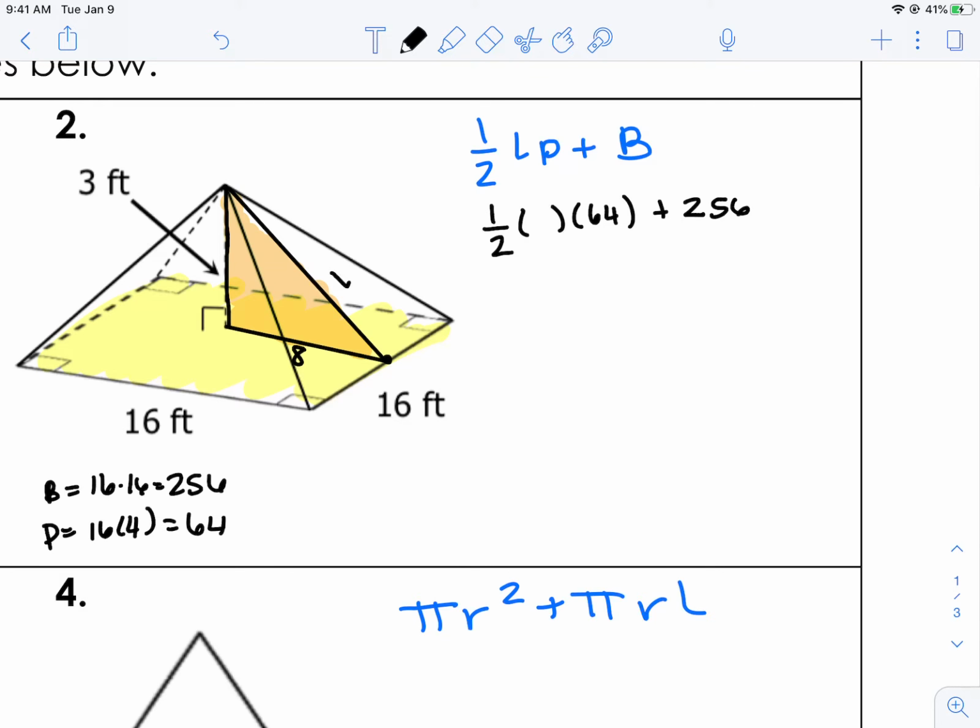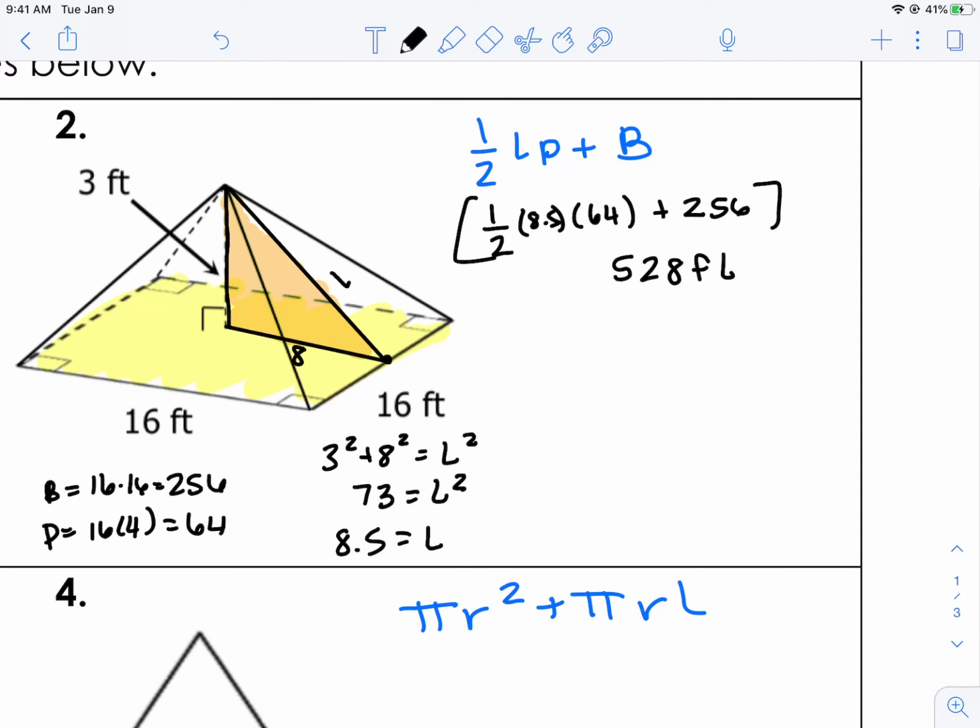So that's going to be 3 squared plus 8 squared is equal to L squared. So I get 73 is equal to L squared. So L is equal to 8.5. Okay, and then I plug this into my calculator, and I get 528 feet squared.